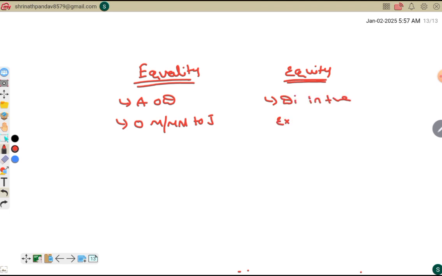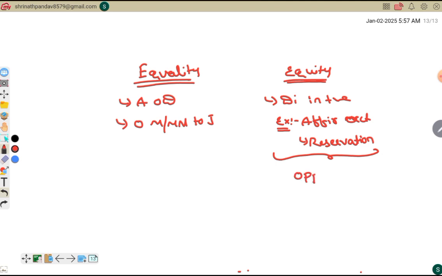For example, affirmative actions such as reservation. Affirmative actions are provided to the vulnerable sections so that they can have the opportunities to have a better standard of living. This is the difference between equality and equity. Here the outcome leads to justice.